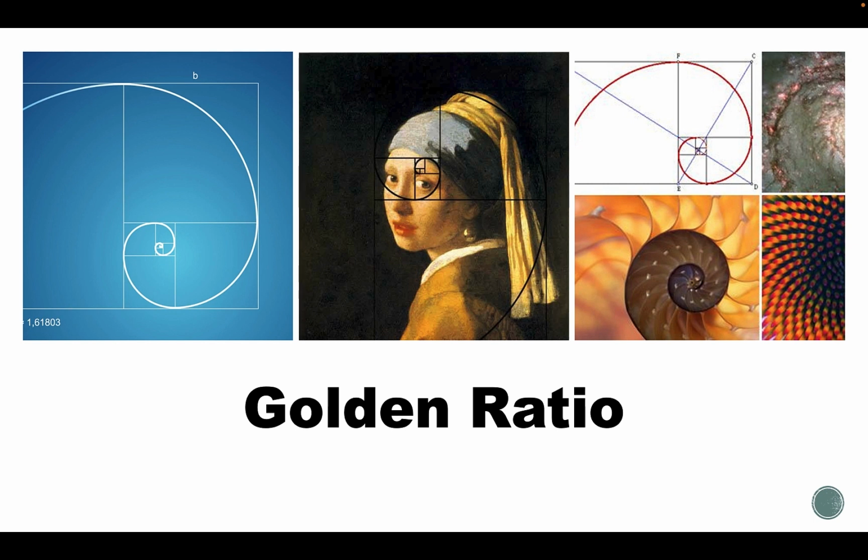But I don't know that the artist would have necessarily thought so much in detail about the ratio of the face. And you can even see that that spiral doesn't really line up with everything anyways. But I do think there's a little bit of an idea there, at least in some cases.